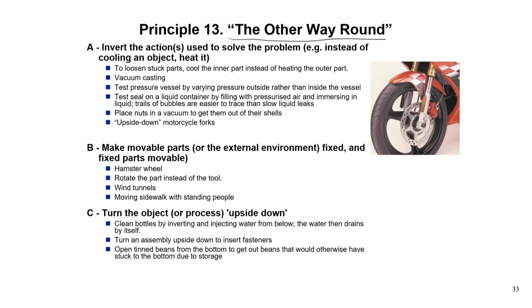Then make movable parts or the external environment fixed and fixed parts movable. So, once again wind tunnel is possibly the best example of it, because in wind tunnel what do we do? We basically place a system, let us say an aircraft, and then instead of the aircraft flying at a high speed and you are checking how the vortices are developed, the aircraft remains stationary, you let the wind move at a very high speed, and it is the question of a relative velocity.